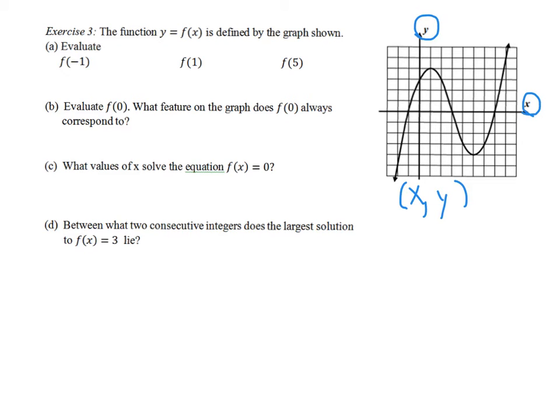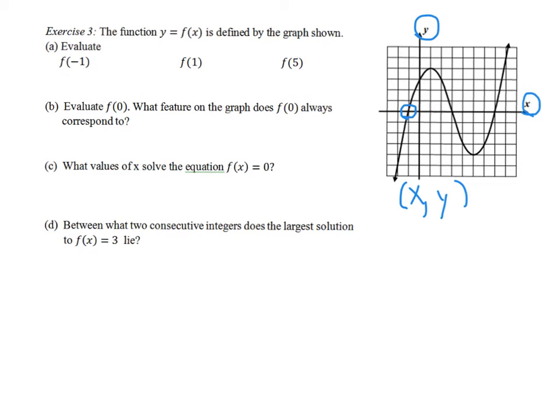So if we want to use this graph to evaluate function values, I'm going to specifically look at f of negative 1. So to find f of negative 1, I'm going to go over to my graph, and I'm going to locate where negative 1 is as an input. And I see on my graph that here's the point where the x-coordinate is negative 1.